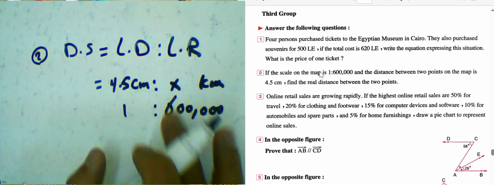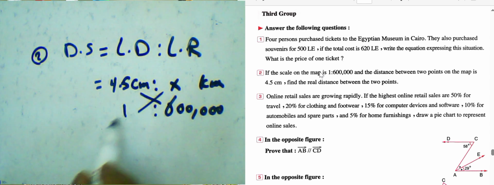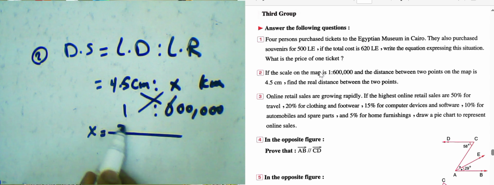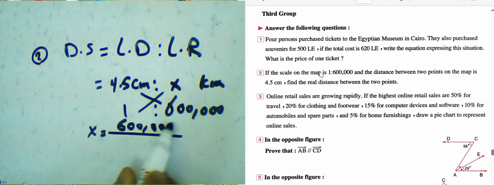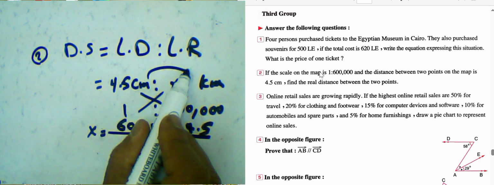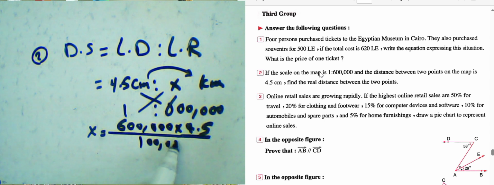Length in reality. Okay, we can write the rule here. The product of extremes equals the product of means. Then the value of x equals 600,000 times 4.5 over 1. To convert from centimeter to kilometer, you must divide by 100,000. Understood?